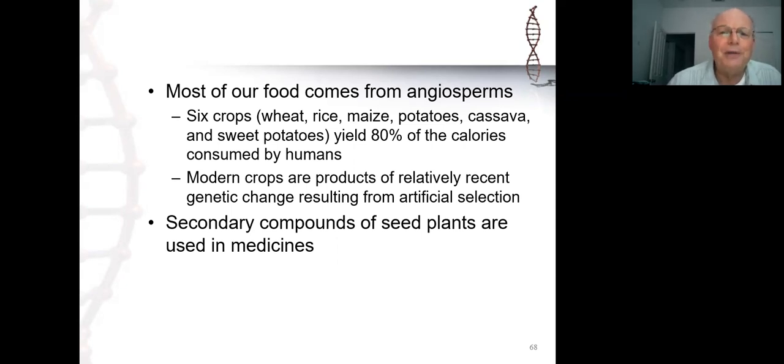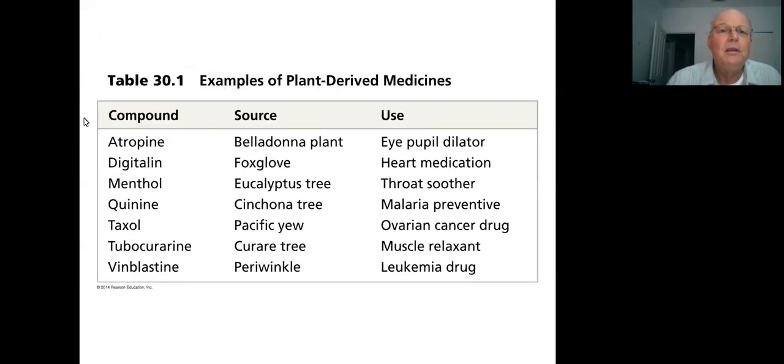Other secondary compounds that plants produce for various and sundry reasons can be used as medicines. So here is a list of some medicines that have an origin in plant material.